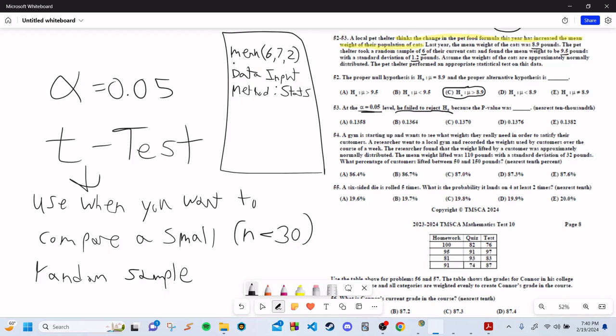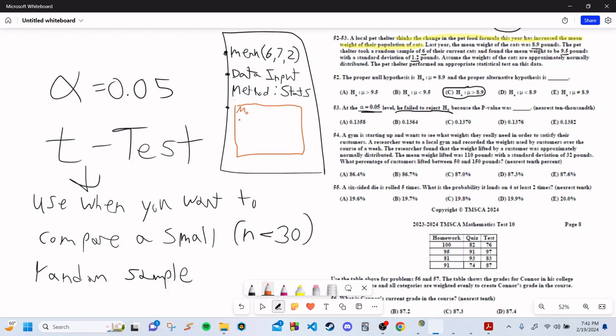So then after you click enter, you're going to see a dialog box that prompts you for the original mean.